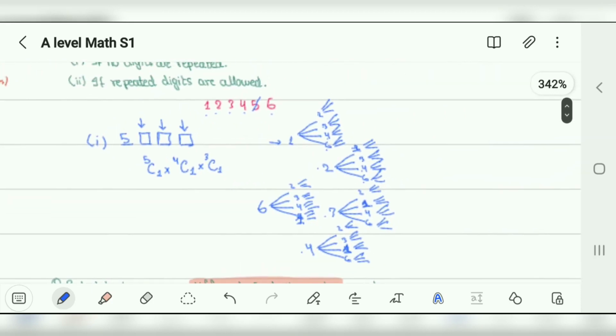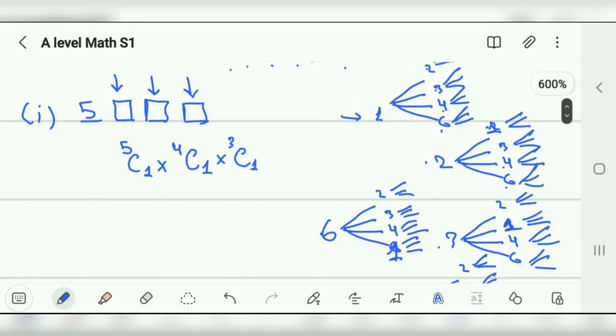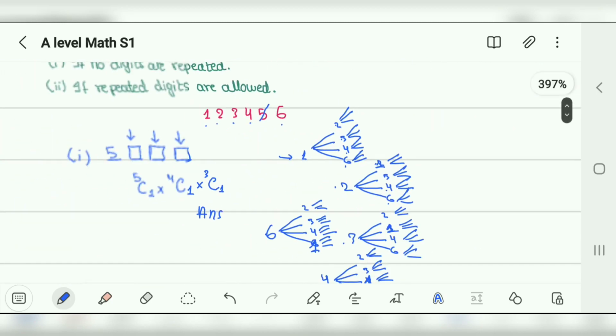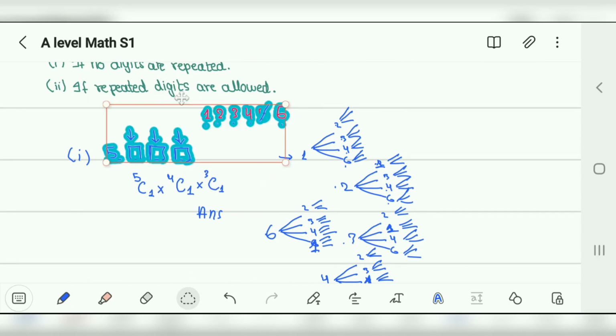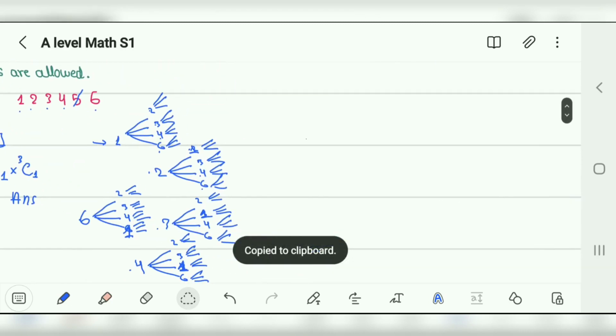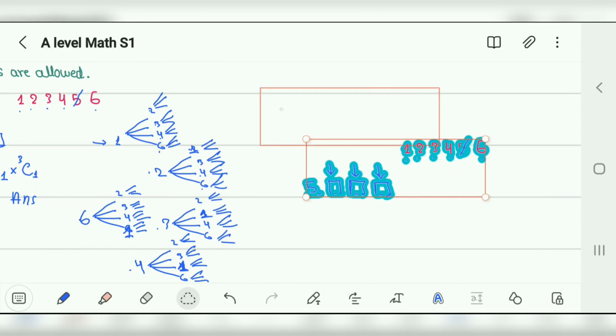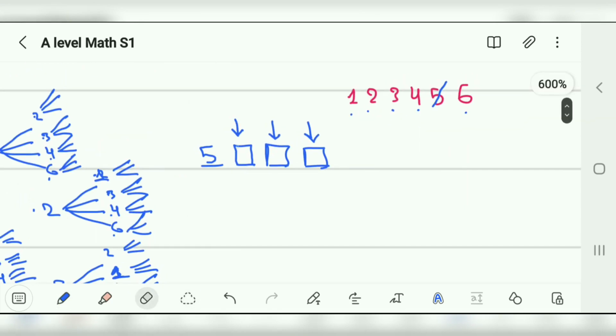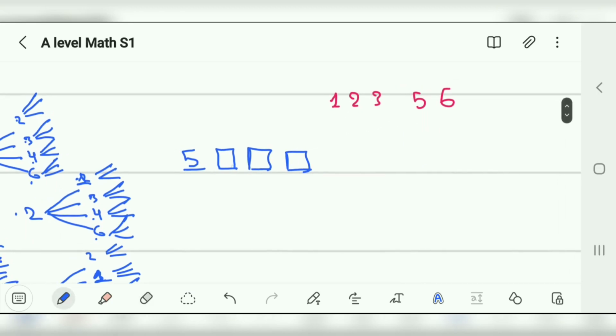So this is one way to do this question, part 1. This is the answer, or you can do it the other way. I can just do it directly.